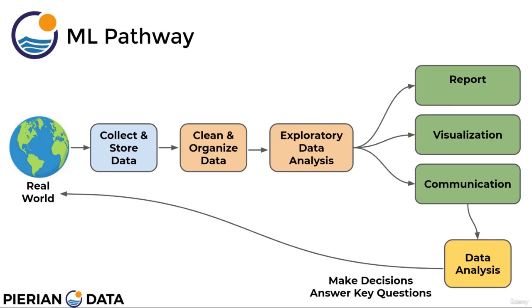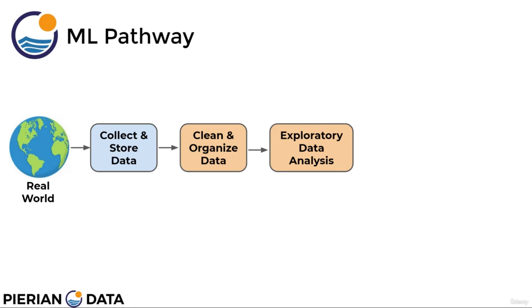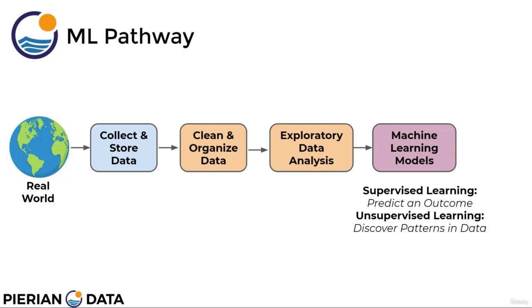Okay, so what if we need to continue, and instead of performing data analysis, we actually want to create a data product? Well, in that case, after we've done the exploratory data analysis, what we need to do is move on to the machine learning section. So we actually take our clean data, and after we've explored it to understand different trends and visualizations, we're going to be ready to perform either supervised learning, which is the attempt of predicting a future outcome, or unsupervised learning, which is going to help us discover hidden patterns in the data or gain insights into the data.